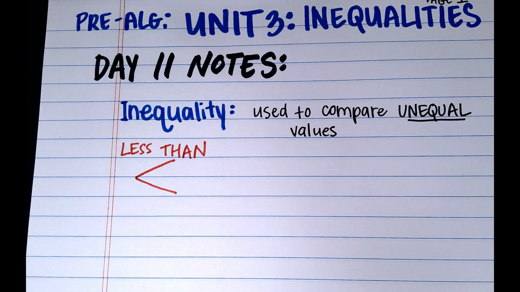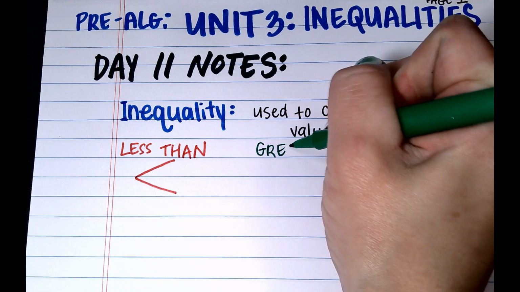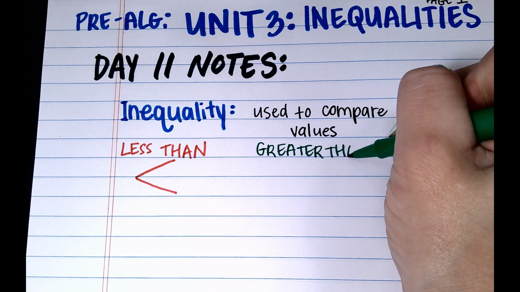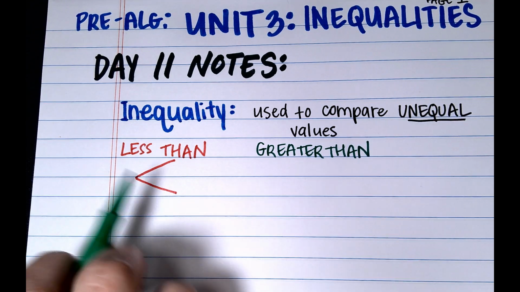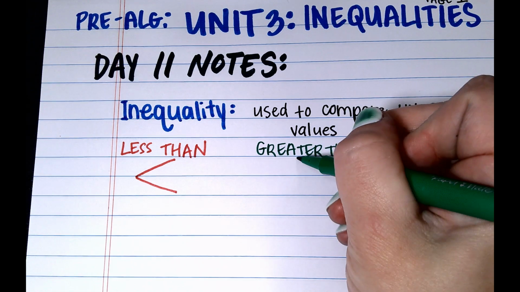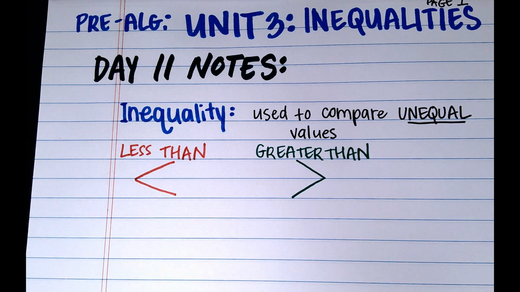That's less than. Greater than: if we're going left to right, you see the big opening first, and then it gets smaller. So less than, greater than. Those are our symbols for now.